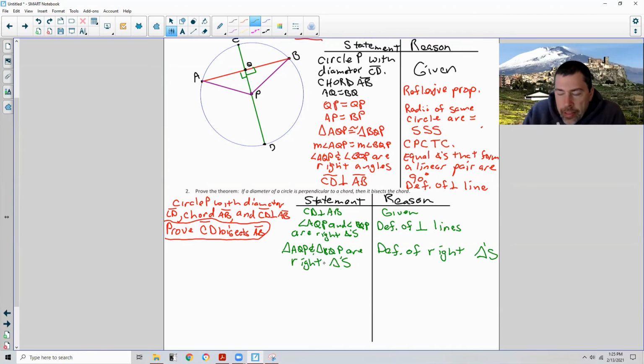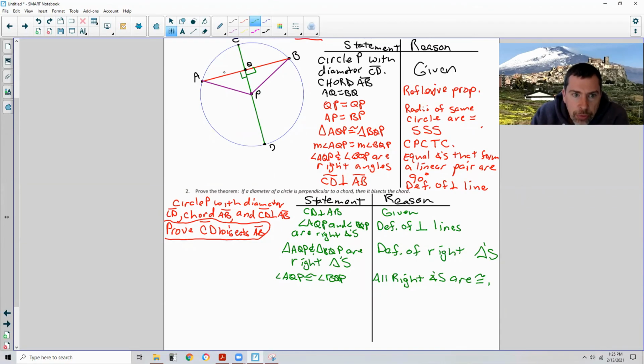And now I can say that angle AQP is congruent to angle BQP because all right angles are congruent. If they're both 90 degrees, they're congruent. Agreed? Now I know I have an angle congruent to an angle.